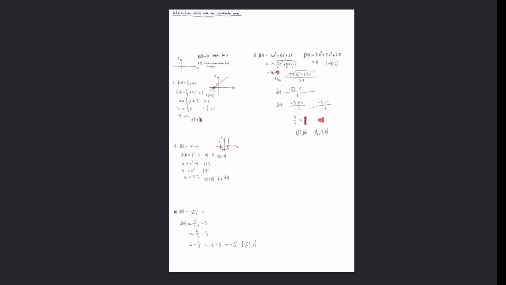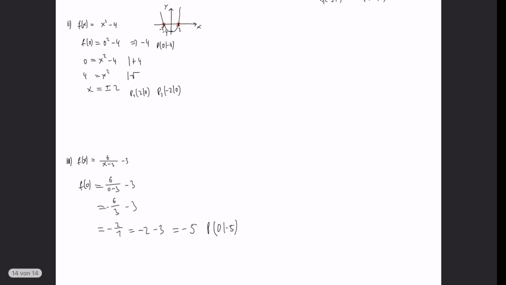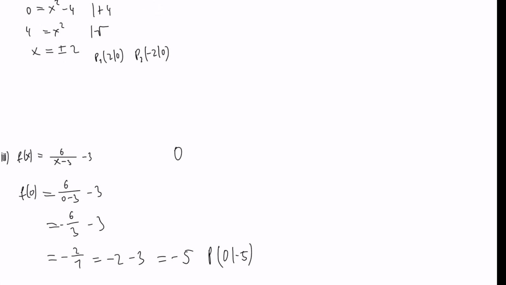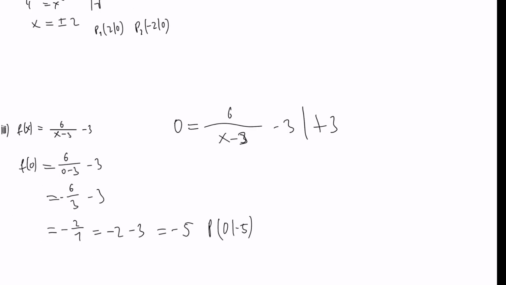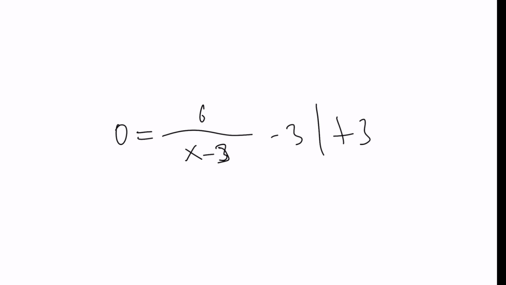And now for the intersection with the x-axis, we set the function equal to 0: 6 over x minus 3 minus 3, so plus 3 equals 6 over x minus 3. Multiply by x minus 3.